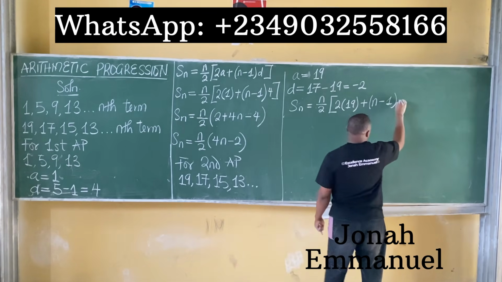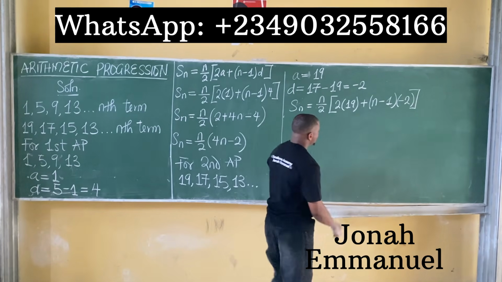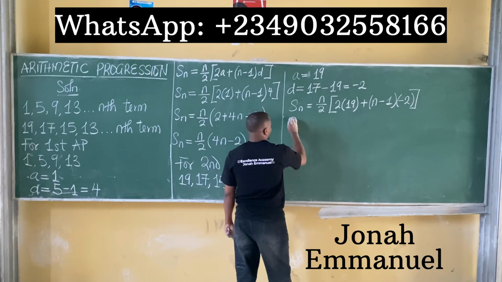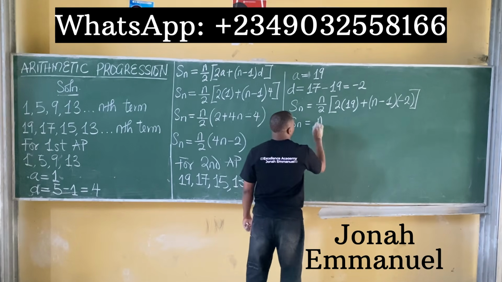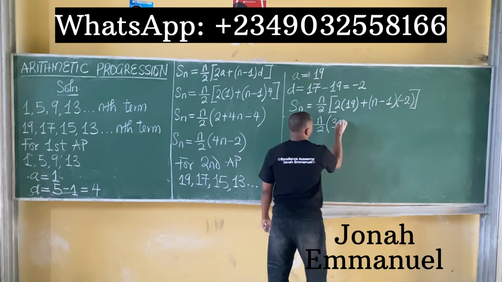What's d there? d is minus 2, and we multiply with minus 2. So expand this. In expanding this, I have that Sn is equal to n over 2 into 2 times 19, which is 38.